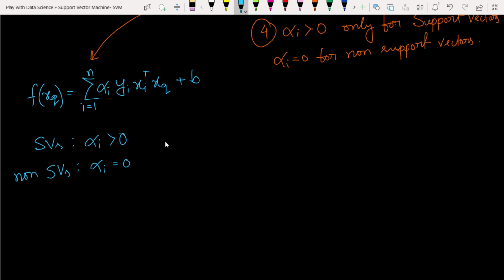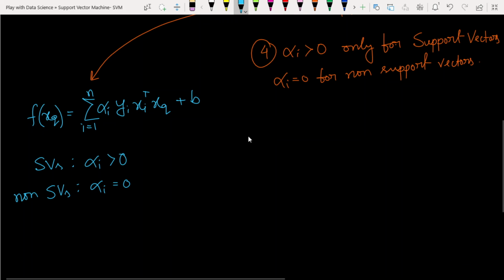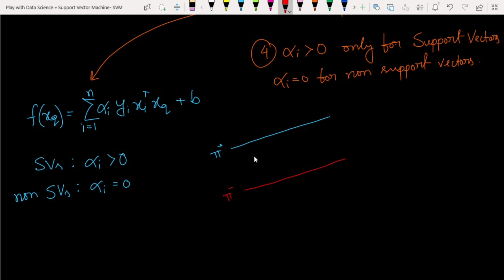Suppose this is our pi plus plane, this is our pi minus plane, and this one is our pi plane.